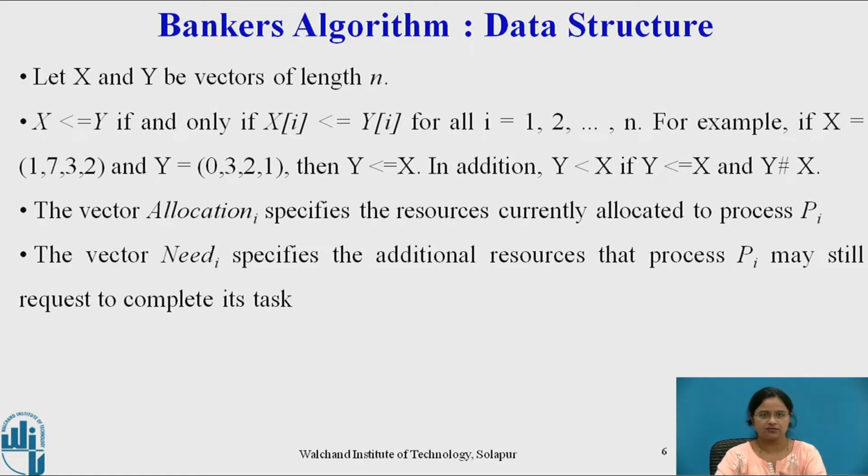So Need means what the process still needs to complete its task, the number of resources which that process needs. So these are the data structures used for the Banker's algorithm: the Available matrix, Allocation matrix, Need matrix, and Max matrix.